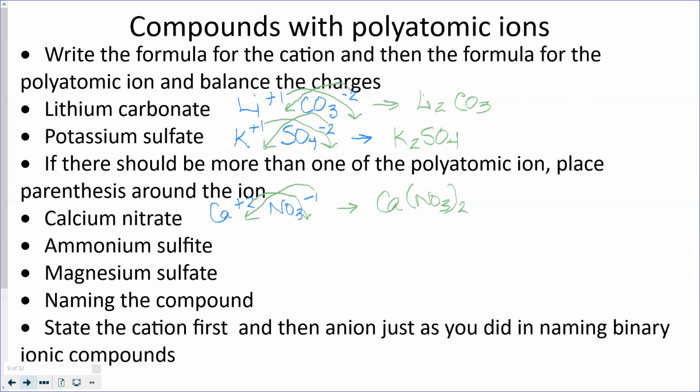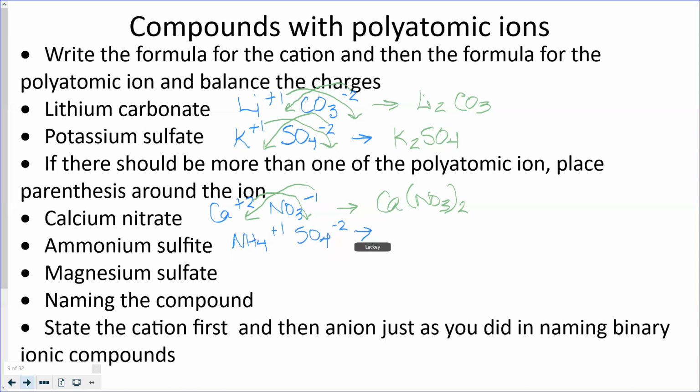This next one, ammonium sulfite. Ammonium is your only positive polyatomic ion. It's at the very top of your polyatomic list. It has a formula of NH4+, so that means it has a positive 1 charge. And then sulfite, make sure you pick up the right one. Sulfite is SO3 -2.